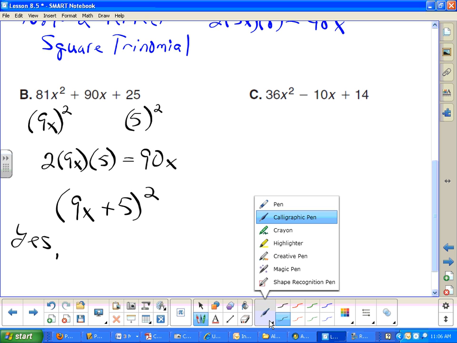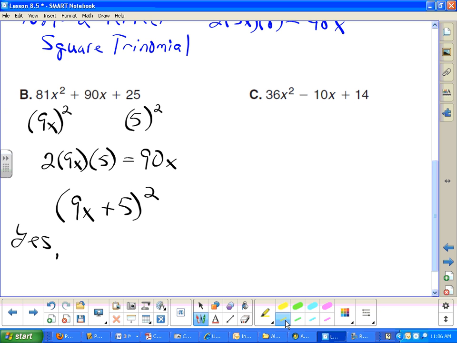And we have that 9x plus 5, that quantity squared, is the factorization of it. Now, a lot of these, you're going to be able to look at them and say yes or no right away. Okay. So letter C.